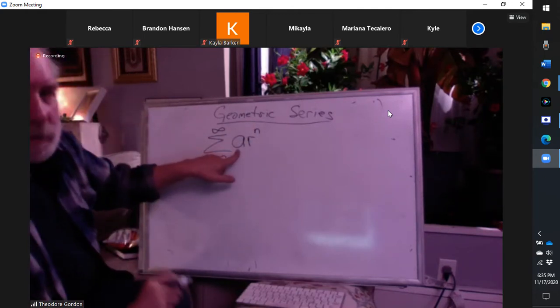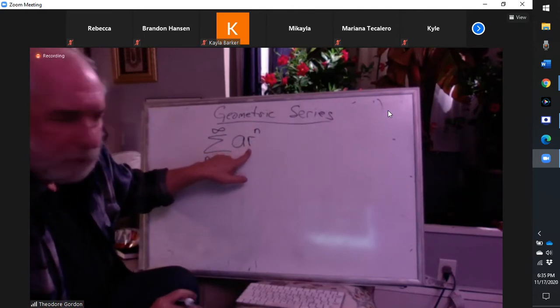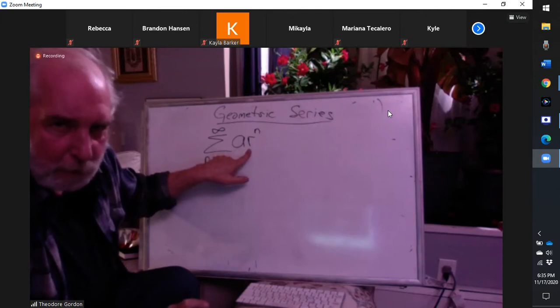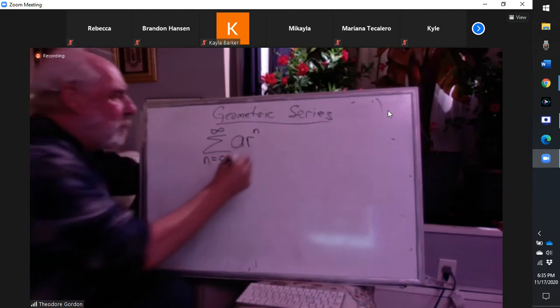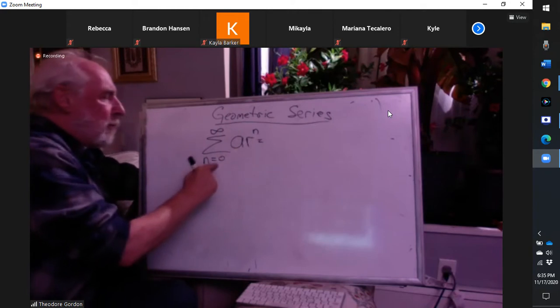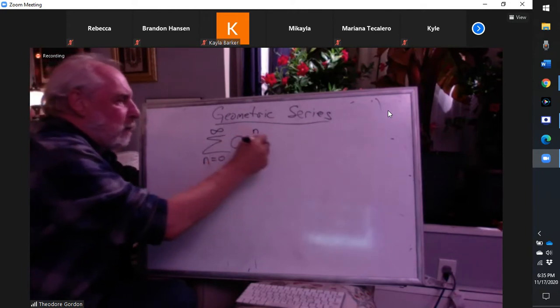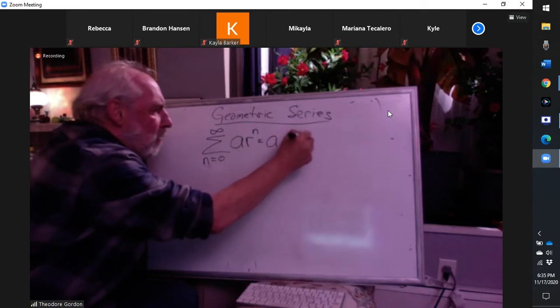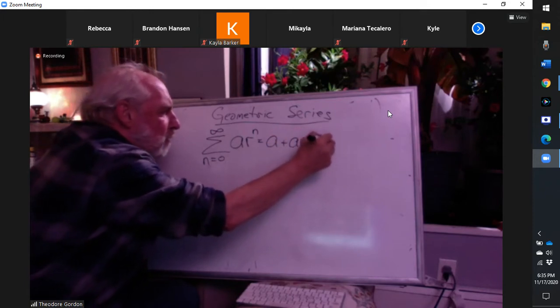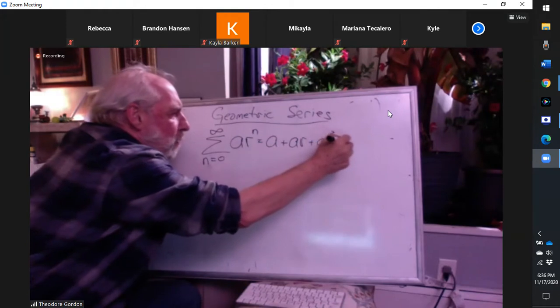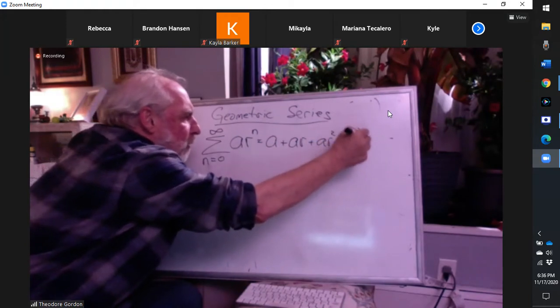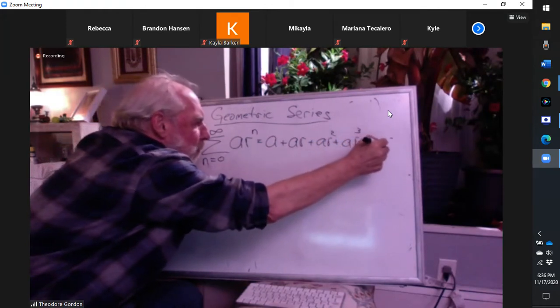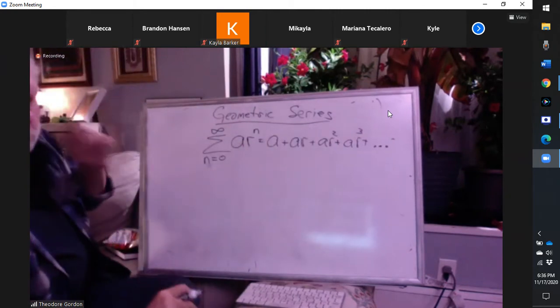A is a constant, and r is something called the common ratio. I'll show you what that is. I'm going to write out some of the first few terms. If n is 0, r to the 0 is 1. So we get a plus ar to the first plus ar to the second plus ar to the third plus dot, dot, dot, and we just keep going.